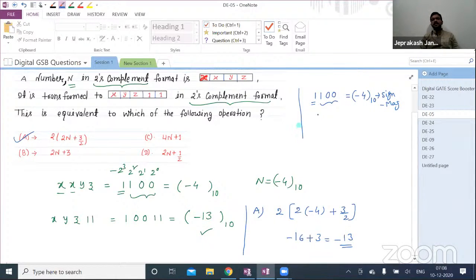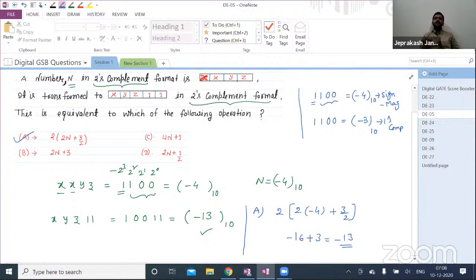Right? Yes. The same number, if it is in ones complement form, what is the equivalent value? Minus 3. Yes, very good. Minus 3.